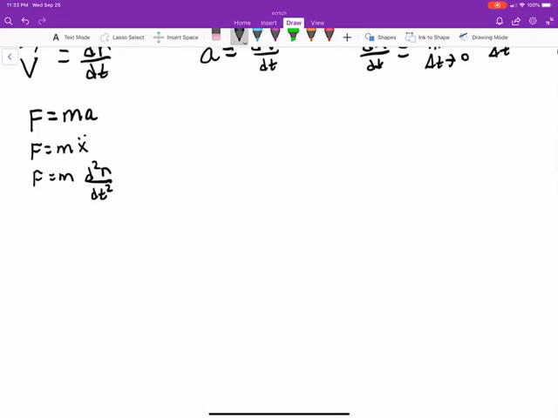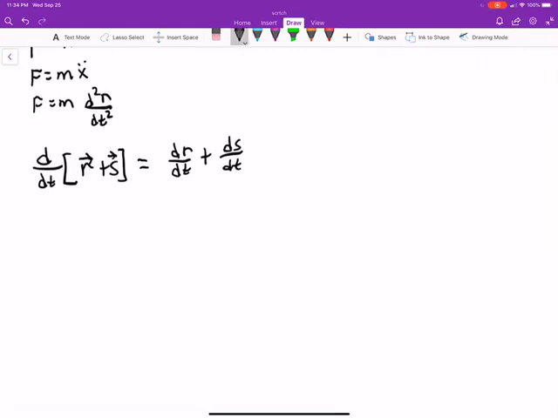A few rules with derivatives. The time derivative of these vectors, these are all calculus on vectors, nicely just distributes over addition. Real quick, product rule.